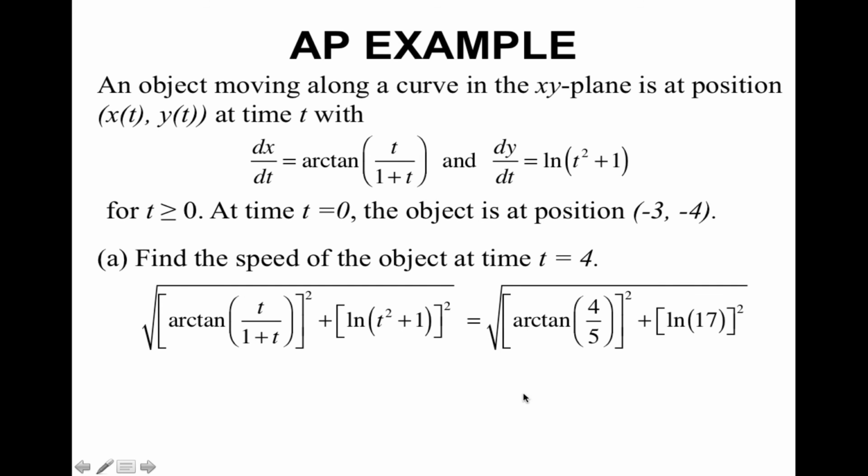Since I want it at t equals 4, I plug 4 in for t, and you would use your calculator to evaluate this. This would be a calculator question. Since there are no units in this problem, there are no units for you to put on your answer.